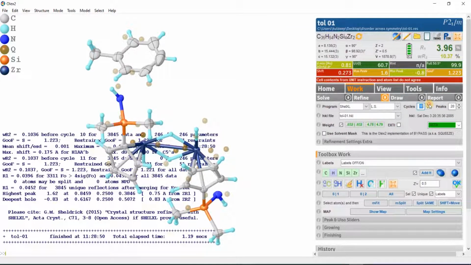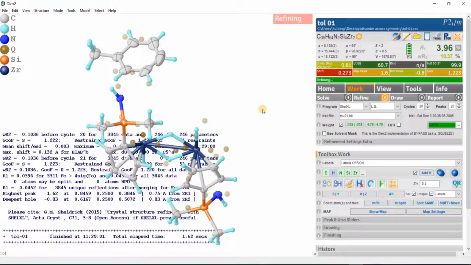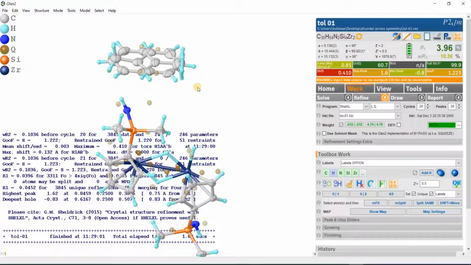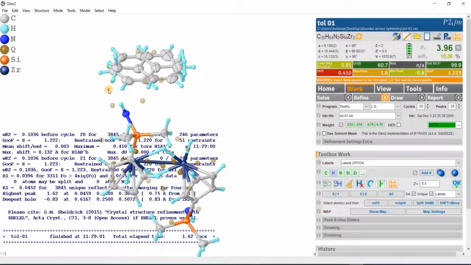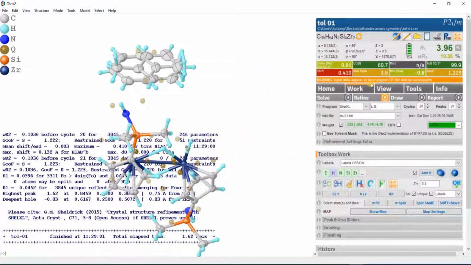Refine one more time. Let's increase the cycles to 20 for easy convergence of the refinement. Press all. Here I'm getting this shift on this atom. Select this atom and type 33.